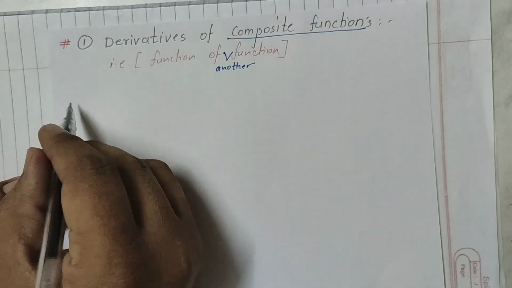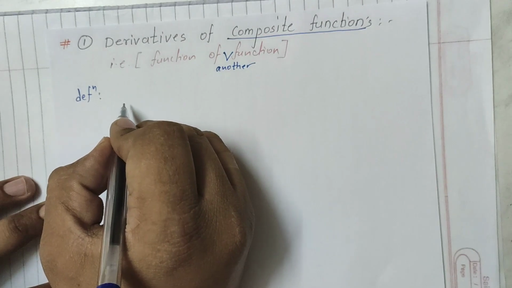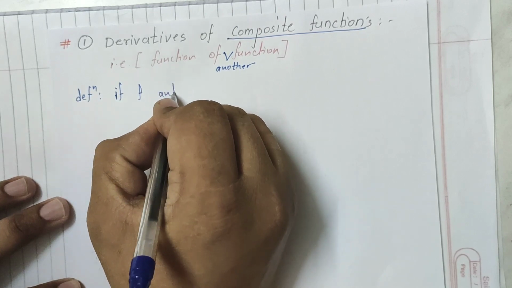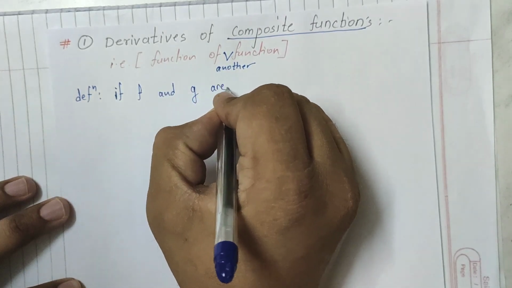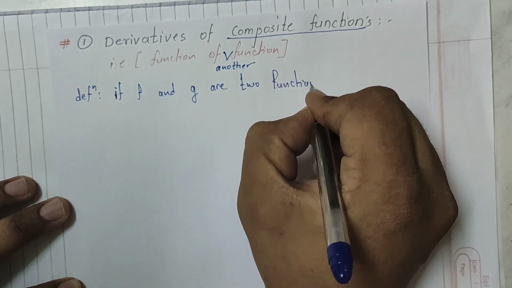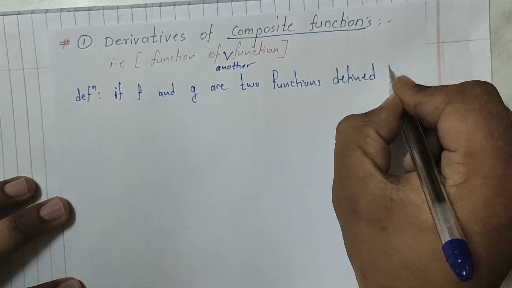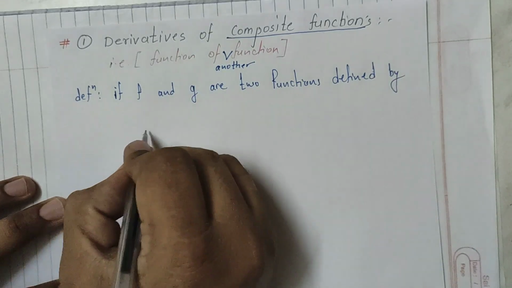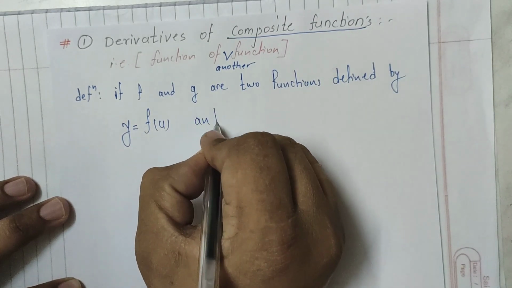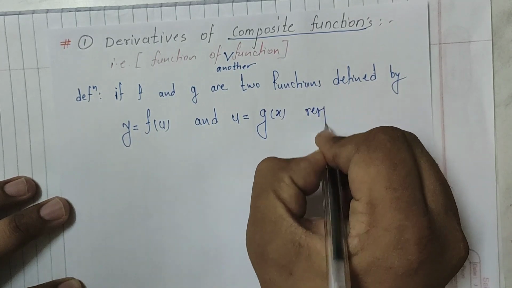Its definition: if f and g are two functions defined by, how to define, y is equal to f of u and u is equal to g of x respectively.